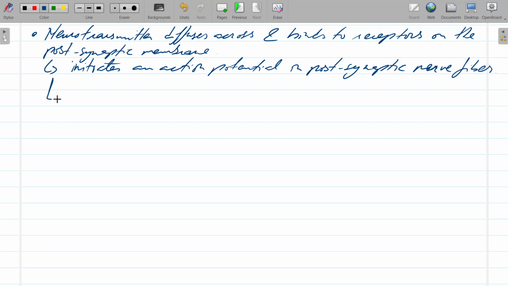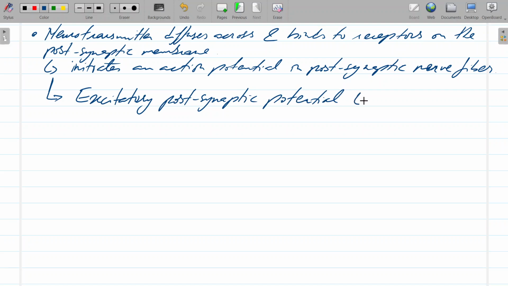That would be the case if the neurotransmitters are causing an excitation, and so that would be an excitatory postsynaptic potential, EPSP.